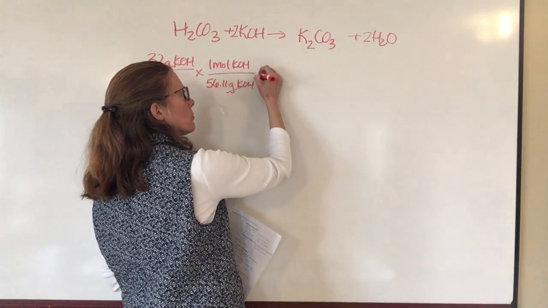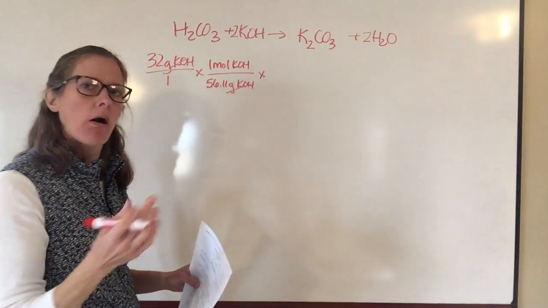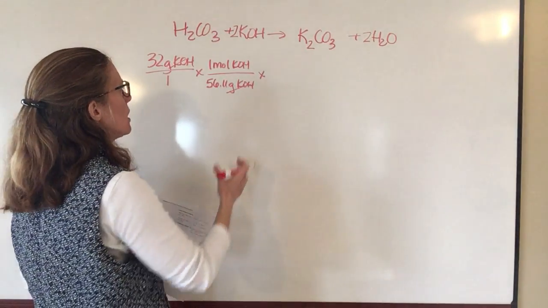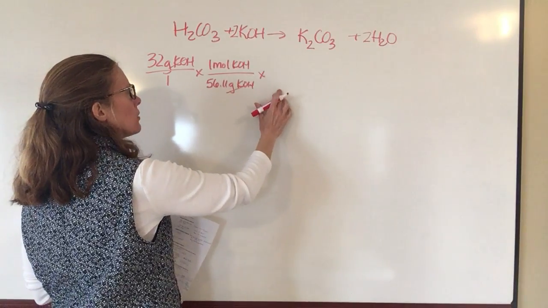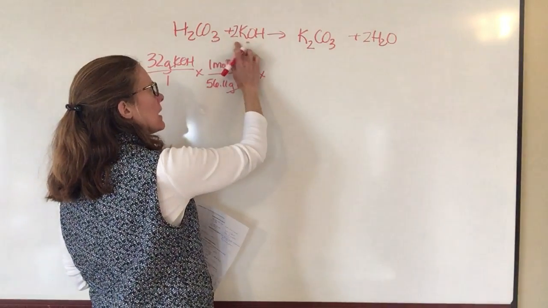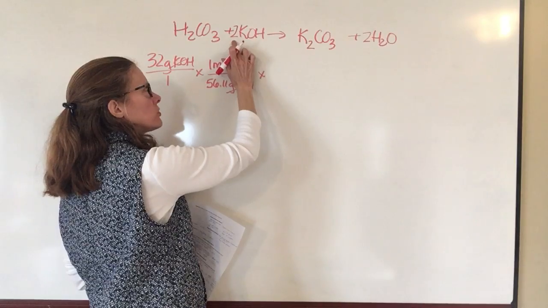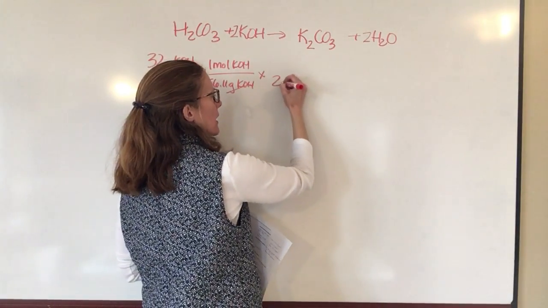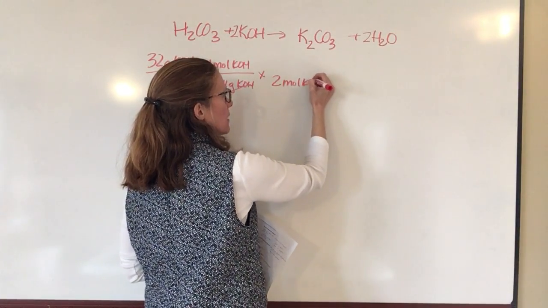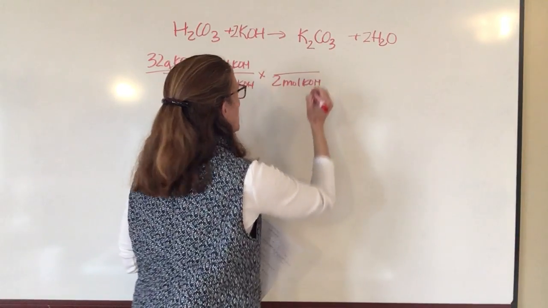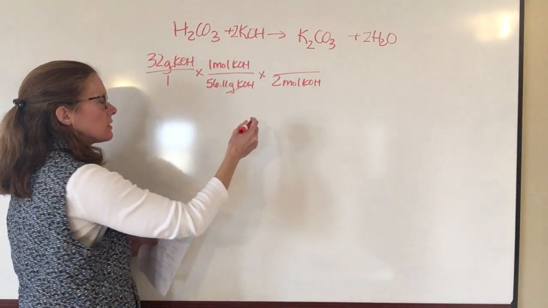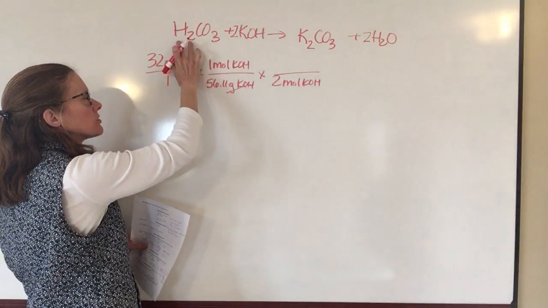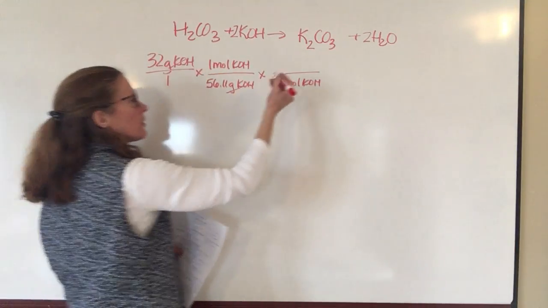Now I need to go to the moles of the asked-for, and you'll remember that always comes from the balanced equation. So I need to put moles of KOH on the bottom, and from the balanced equation there's this coefficient of 2 in front of there. So I have 2 moles of KOH, and I need to find carbonic acid, so that's the H2CO3. There's a 1 in front of there.